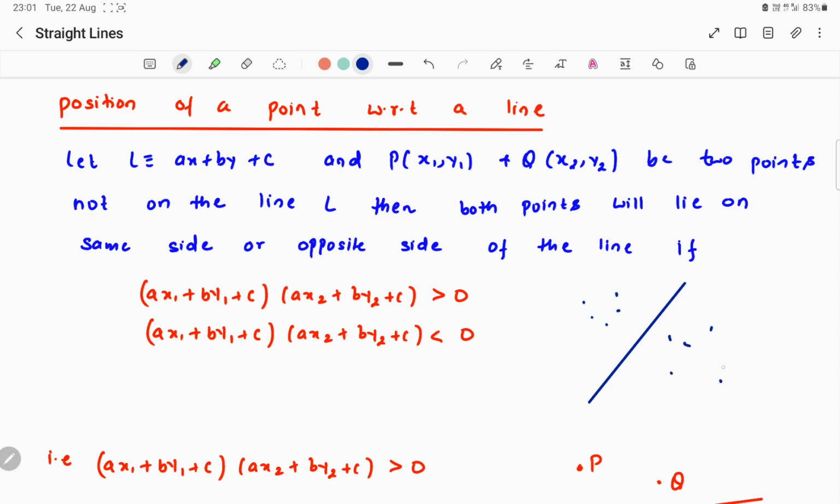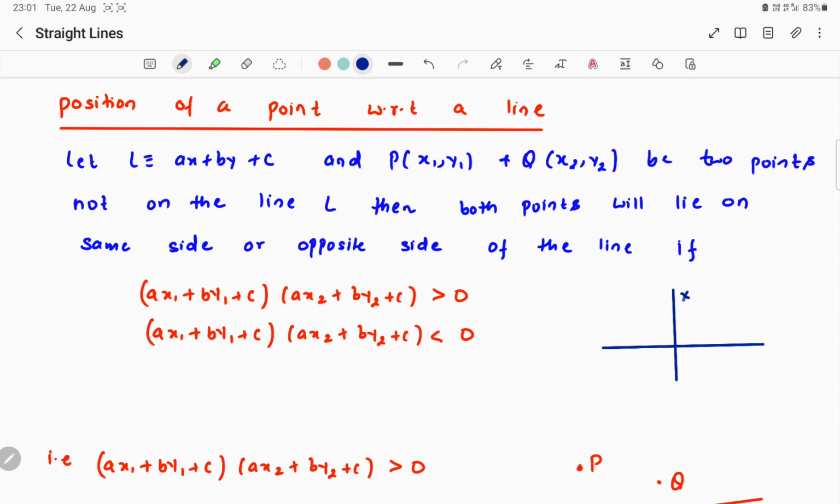There are some points on this side, some points on this side, and some points on the line. The points on the line will give you 0. If you substitute the coordinates of a point into the line and it is giving positive, you will see that all the points on the left-hand side give you a positive value, and all these points will give you what?